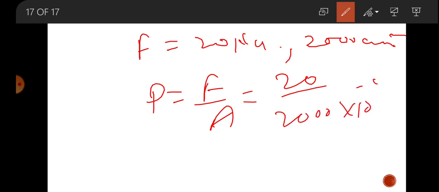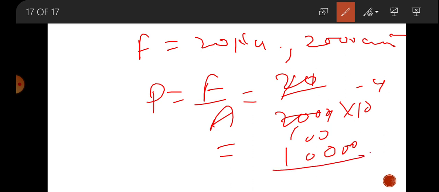So centimeter को मीटर में convert करना है तो multiply by 10 to the power -4. So ये 10 to the power -4 ऊपर जाएगा तो +4 बन जाएगा. 10 to the power 4 का मतलब 1 के आगे टोटल नंबर ऑफ जीरोज 4 है. यहाँ पे 2 zeros कैंसिल. So your pressure will be 100 Newton per meter square. So this is how your pressure can be calculated.